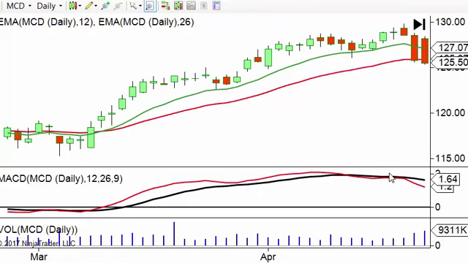Now, when we get over here to the divergence that we saw, we see a lower high here. All that really means is that the space between these two moving averages is just that, as opposed to what it had been before, which was bigger. And that's all it means.